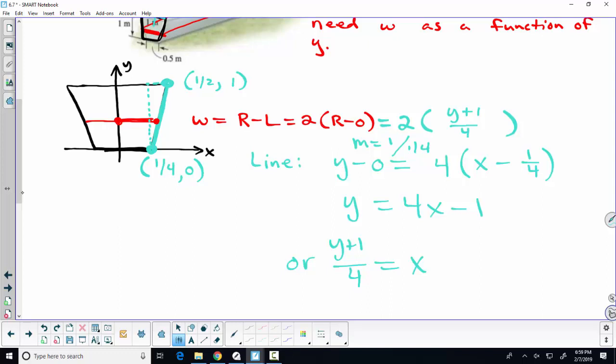Is that okay? Do you have any questions? Sorry, we did a 2. No, it was this 2 right here. Because we're just going to calculate that one and double it to get the actual width. You could find the equation of this line if you wanted, and then just subtract that minus that.